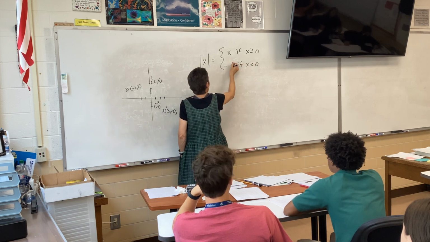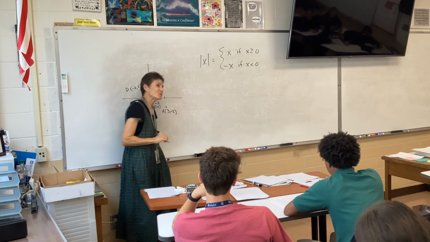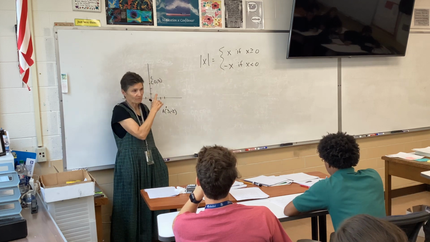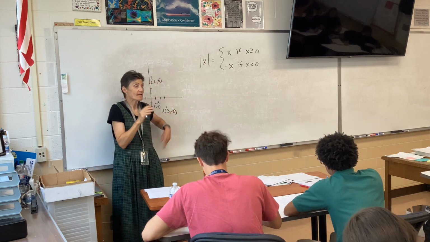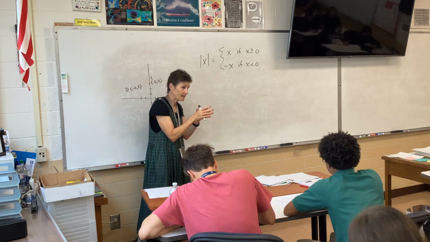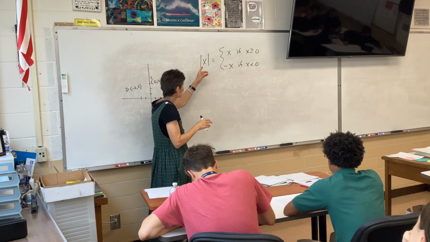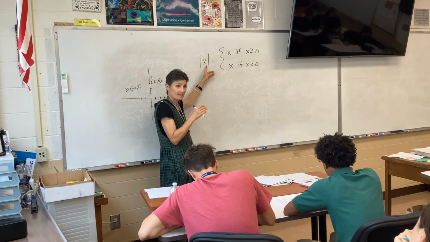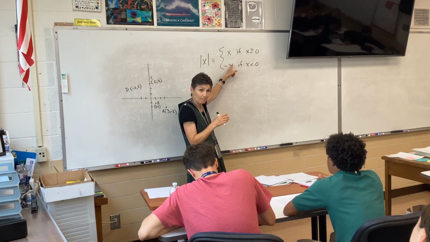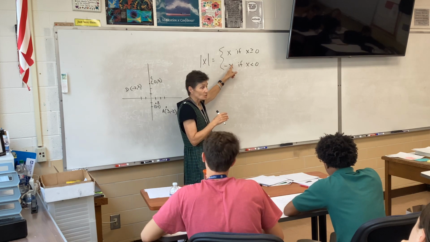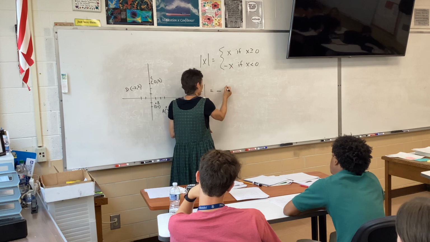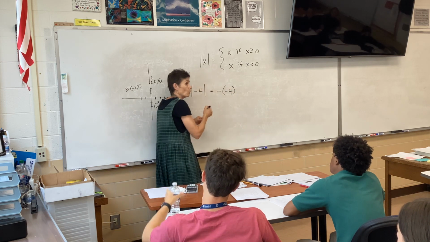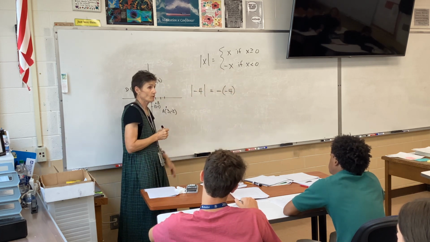Negative x? Exactly. And actually we don't usually say negative x, although it's fine if you do. We say the opposite of x. Because absolute value will never be negative. But if you take the absolute value of a negative, you get its opposite, right? So if you took the absolute value of negative 4, you would get the opposite of negative 4, which is positive 4.